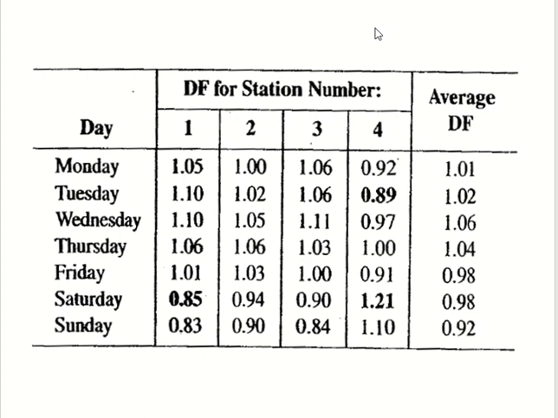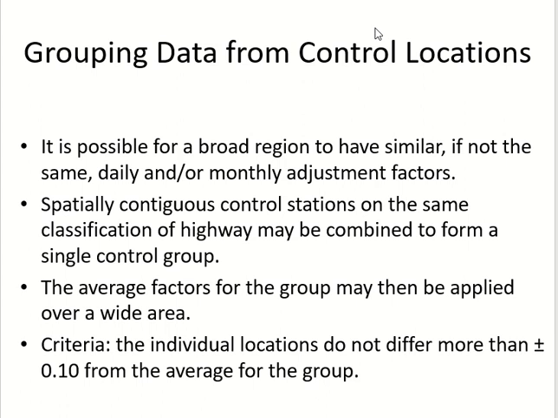Now grouping is possible if the difference between any average and its member values is less than or equal to 0.1. It could be plus or minus 0.1, doesn't matter, but it should be less than or equal to this number.